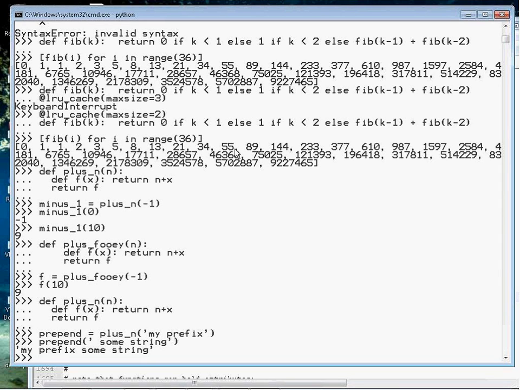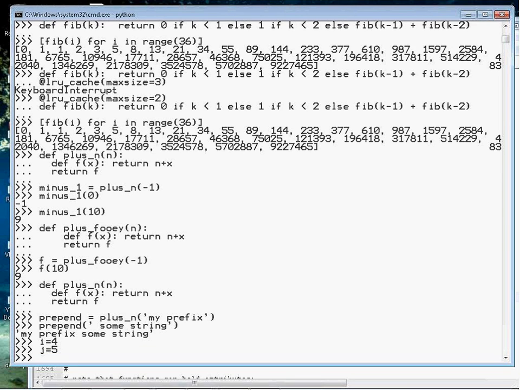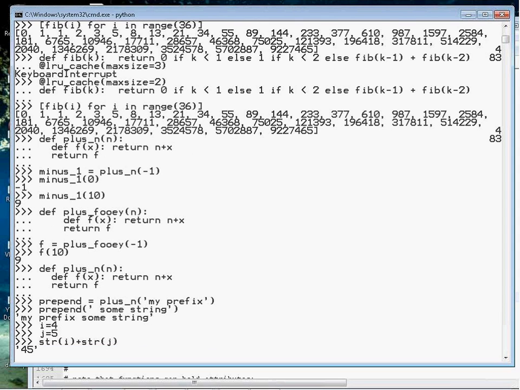Oh, okay. So i equals 4, j equals 5. Str. Again, we're not yet in the object-oriented part of the class, and I've just mentioned str and repr in passing. Str and repr are two classic Python built-ins for expressing the value of an object in a way that people can use.